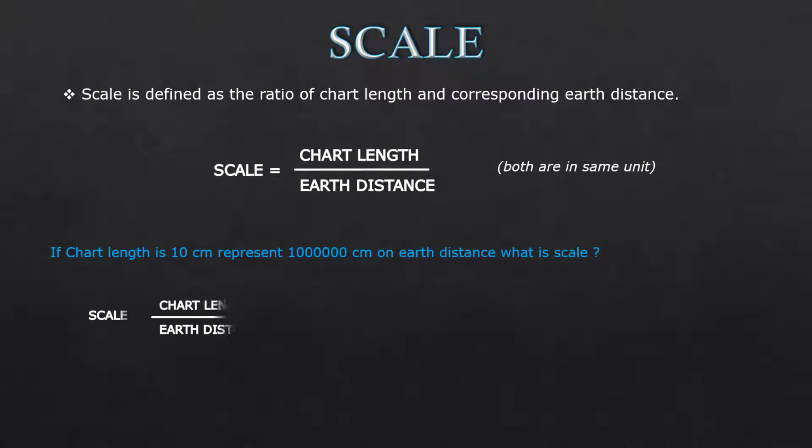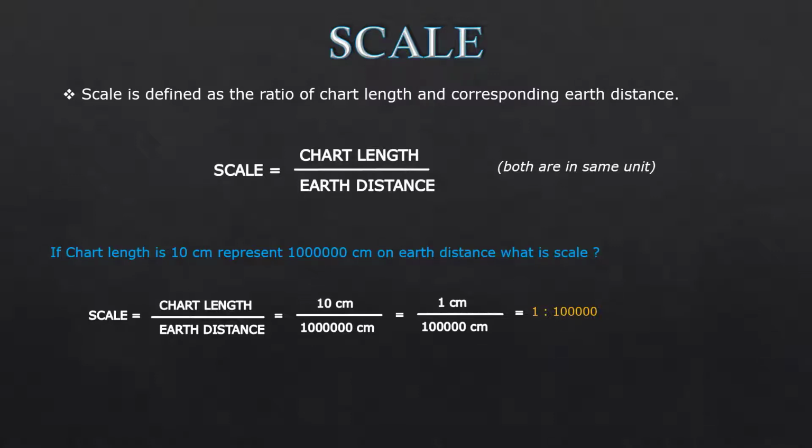The formula is scale equals chart length divided by Earth distance. Putting in the values, the scale is 1:100,000. This is the scale for the chart. Every chart has a different scale value.